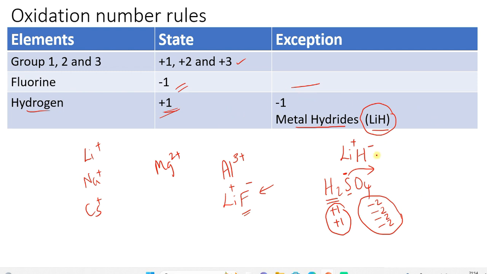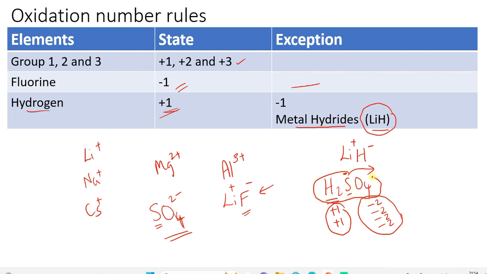This is an example of why we use these oxidation numbers. In a compound like this, or even in an ion like the 2- sulfate ion, we can work out the oxidation state of sulfur based on what we know. So let's finish with this sulfuric acid example.